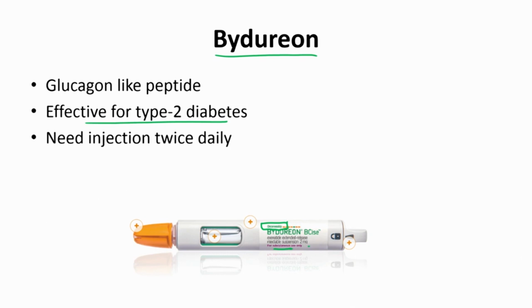Before this product was launched, you needed to inject twice daily. If I am suffering from type 2 diabetes, I will have to take this glucagon like peptide pretty much every time after I eat something, or at the very minimum twice every day. That is not very ideal, because this is a chronic disease.